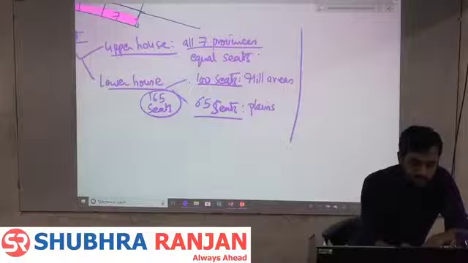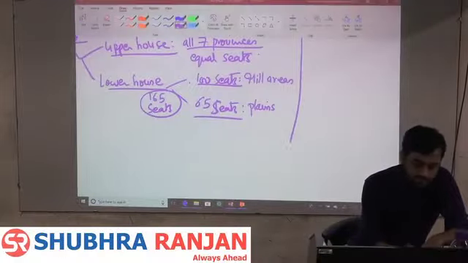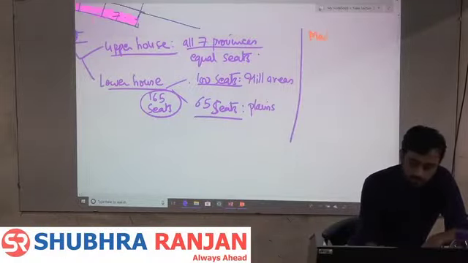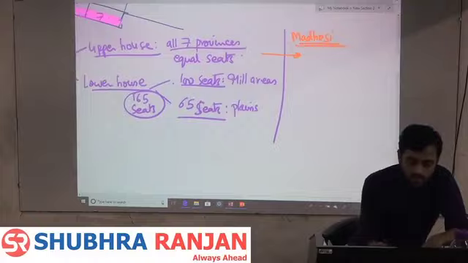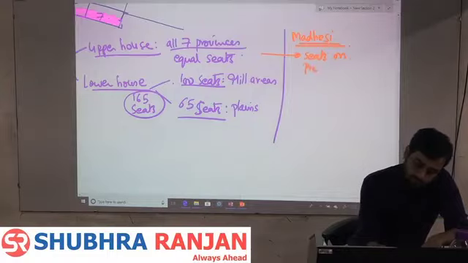Whereas the demand of the Madhesis on this was, the Madhesi demand was what? That they wanted that provinces must get seats on proportional representation.